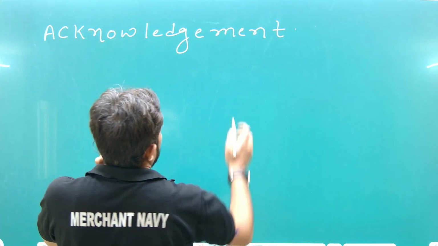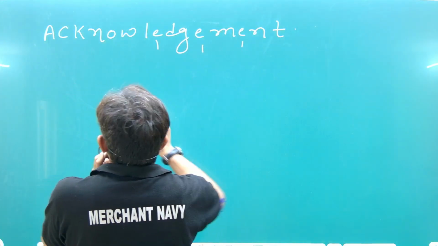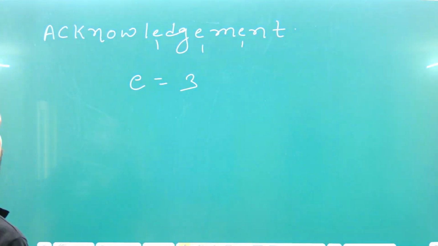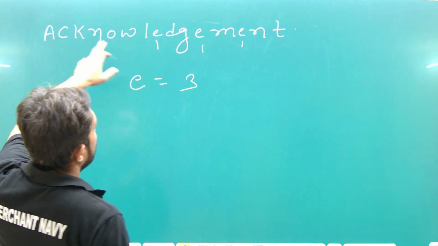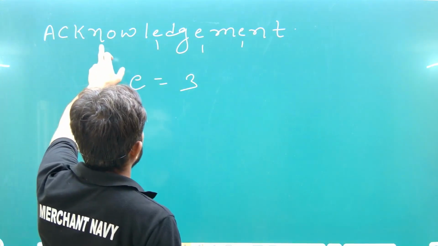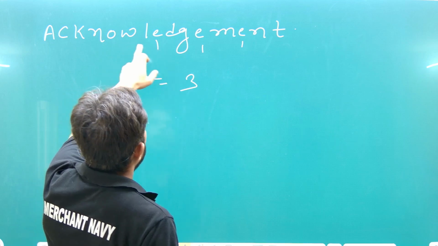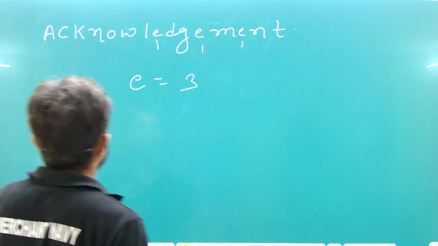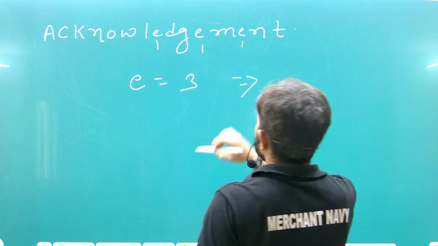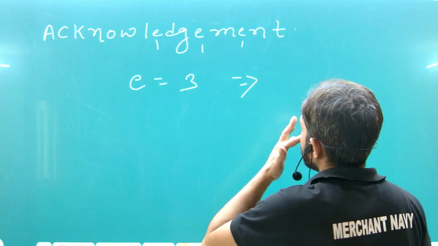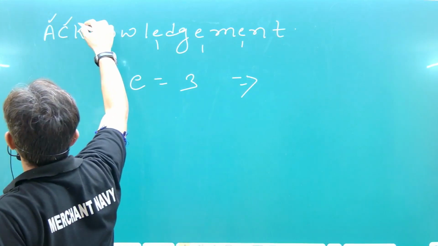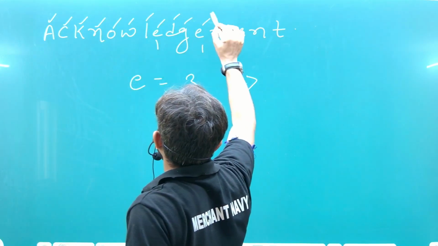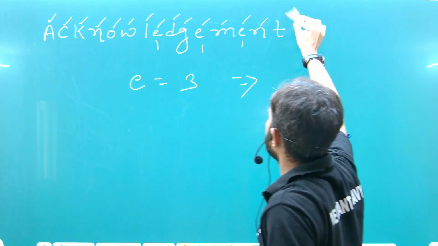Here E is repeated 3 times. A, C, K, N, O, W, I think no other letter is repeated. So the total number of letters is 1, 2, 3, 4, 5, 6, 7, 8, 9, 10, 11, 12, 13, 14, 15.